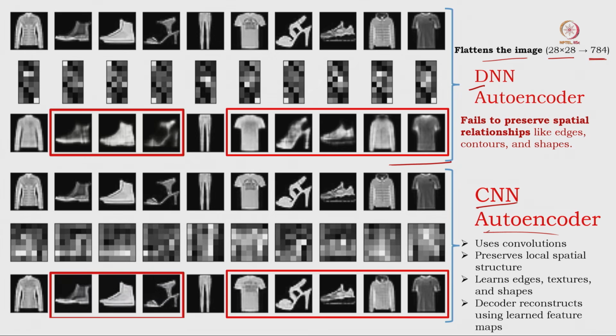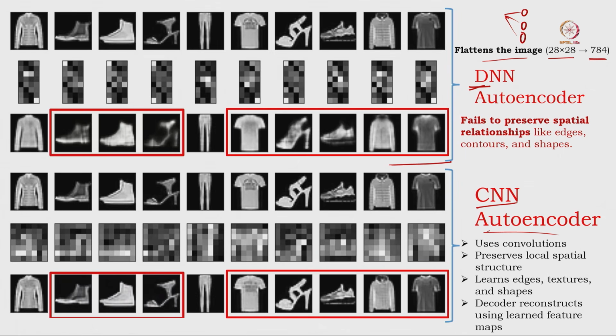So, the minute you flatten, the spatial information is lost. When the spatial information is lost, whatever reconstructed image you are going to get will not be of good quality. That is the drawback in deep, because you are passing all the information to a fully connected neural network.